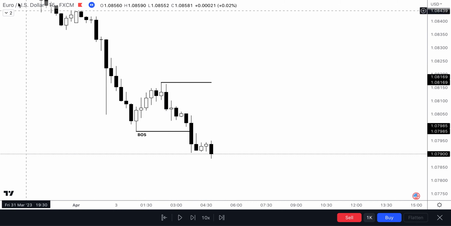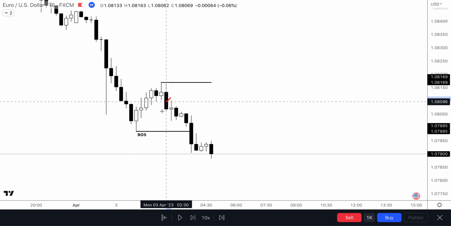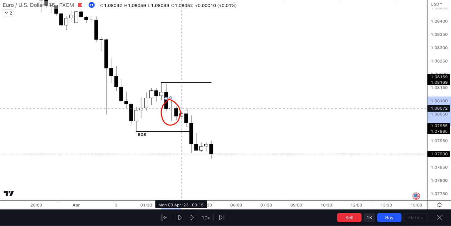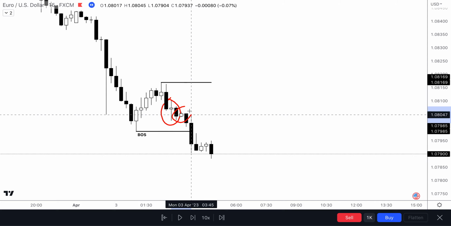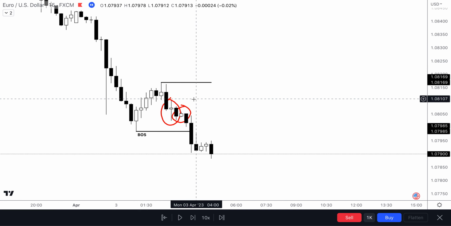The reason why this is not valid, well, technically it's valid, but it's not something that I want to be trading off, is due to momentum. What I mean by that is you can see the break here. Within this break, you can see these bullish candles to the upside. This indicates that there's not a strong conviction and that the sellers are not fully in control of this market.